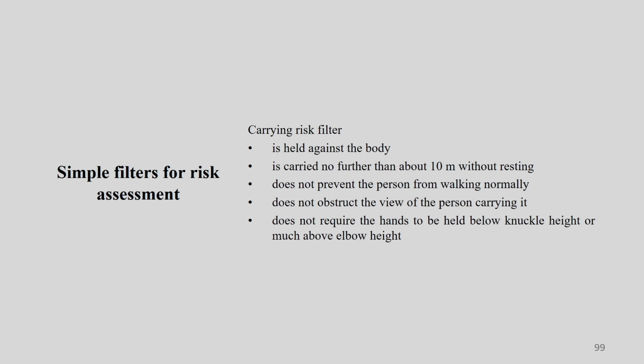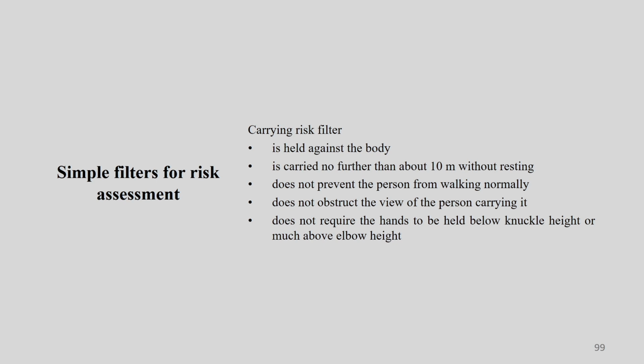Does it not obstruct the view of the person carrying it? The load height should not be more than your eye height, otherwise you are not in a position to look in front and cannot see the path. Is it present? It should also not require the hands to be held below knuckle height or much above elbow height.